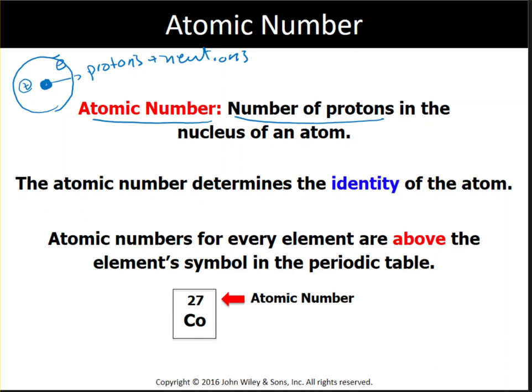Now, in the periodic table, we can find the number of protons for each element. So if you look at your periodic table, in each box where you have the symbol of the element, there is a number on top of each box. That number represents the number of protons, and that number is the atomic number.